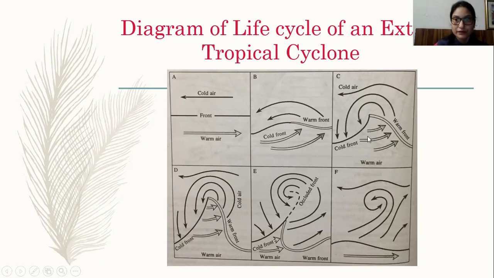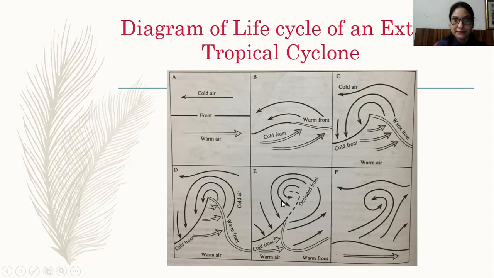See, over here there was more area occupied by the warm front, and over here there is a narrowing down of the warm front. There is lesser area for the warm air to occupy now. And over here, the cold air is becoming dominant, covering a lot of area. It is trying to occupy the warm air. It is trying to push the warm air upward. Continuous struggle between the two.